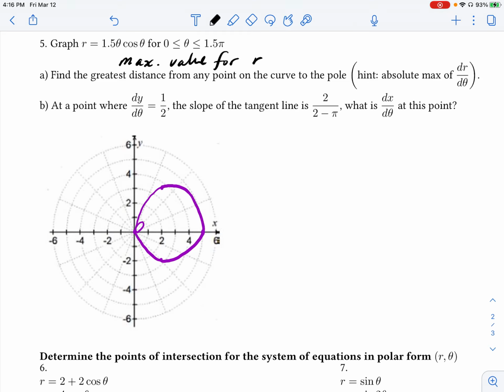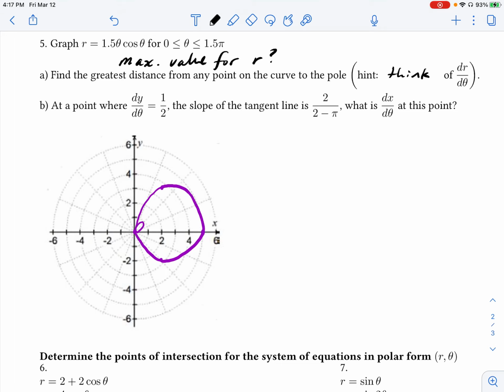Now, what have we done in calculus in the past to find the maximum values of functions? Well, the hint, and this is where I've worded it a little bit poorly, it's not so much about us finding the absolute maximum of the derivative, but we are going to indeed use the derivative. So I should rewrite it as that. We're going to think of the derivative. If you think all the way back to us working with polynomial functions, for example, how did we find maxes and mins on our graph?